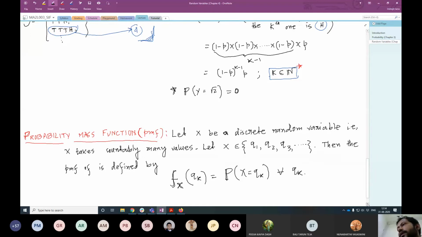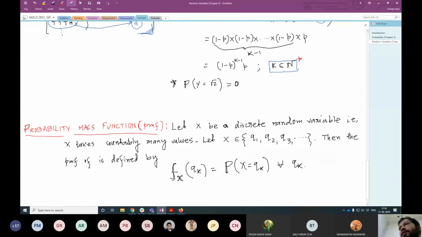Now I have not explained two important terms. One is the discrete random variable, the other one is countably many values. So what is countably many?